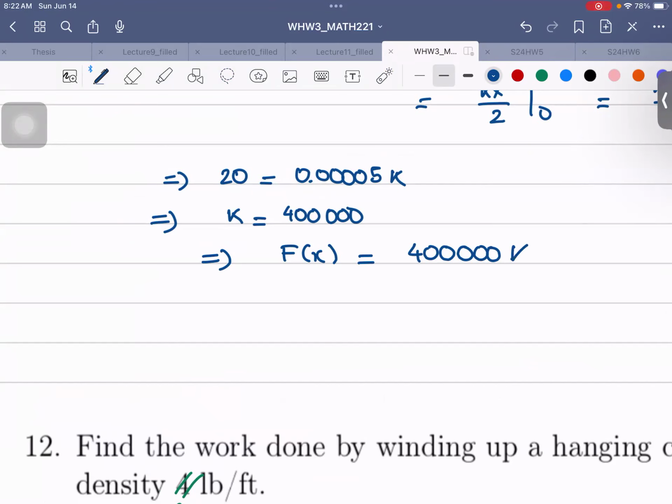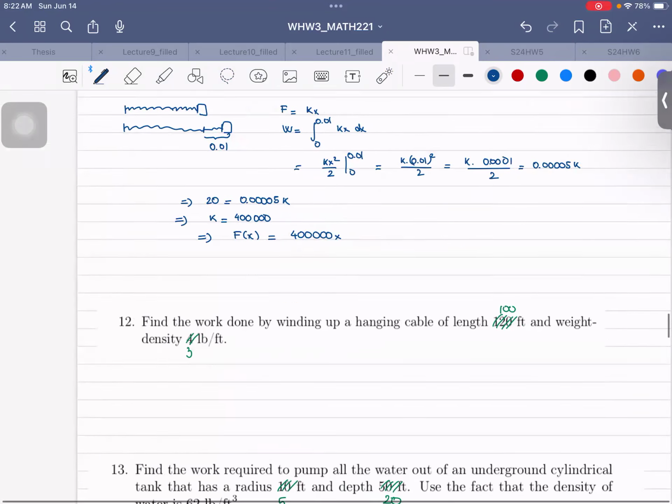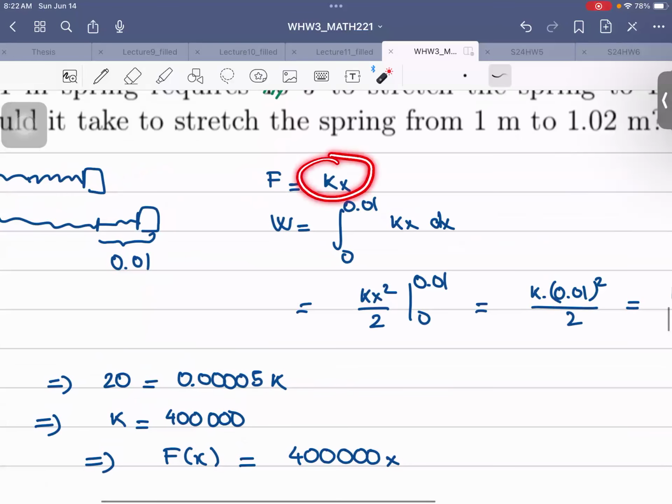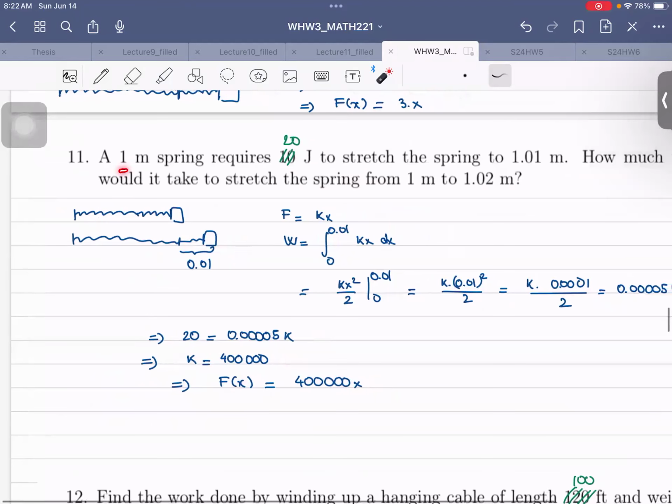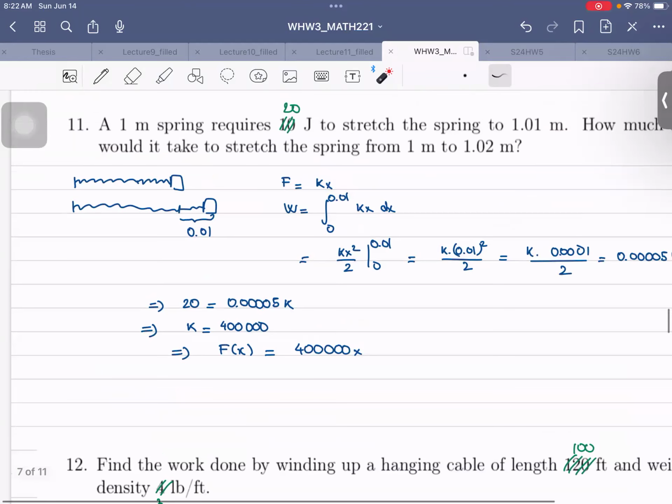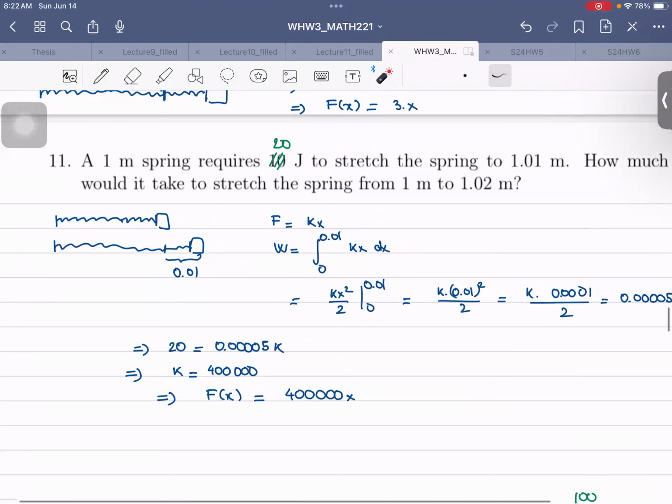The general function for the spring force is k times x, where k is the spring constant, and from the information in the question, you have figured out that the spring constant is 400,000. Therefore the spring force is 400,000 times x, and now the question wants you to find the work you need to do to stretch the spring 0.02 meters beyond its natural length.